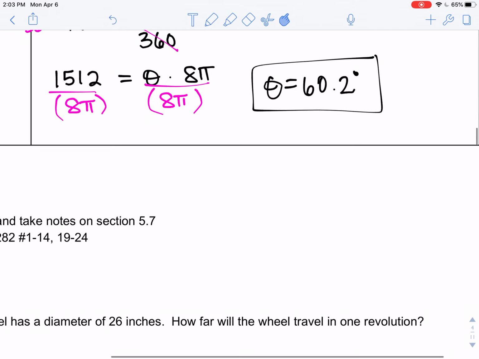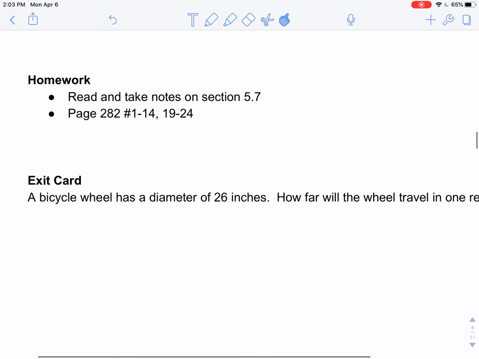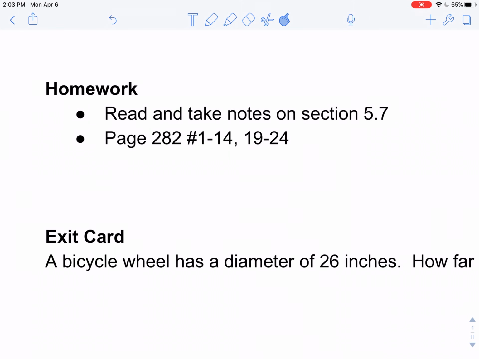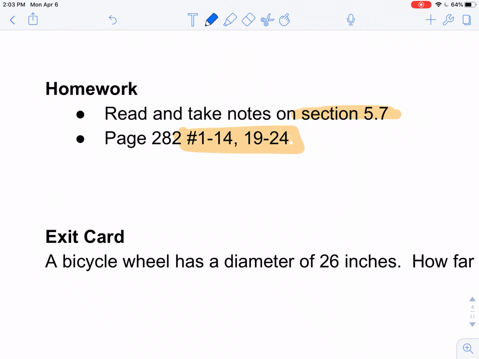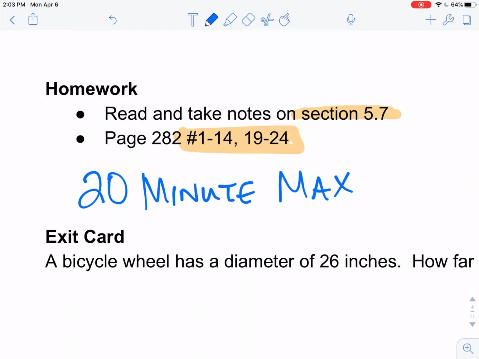All right. Now it's time to try some things on your own. So you're looking at section 5-7, trying 1 through 14, 19 through 24. I know that we are bombarded with all this virtual learning business, so I'm giving you a 20-minute max on this homework.